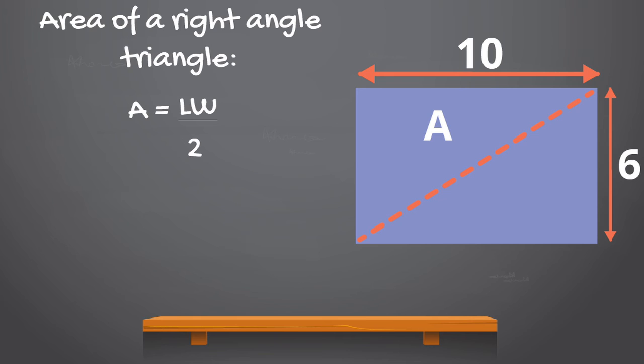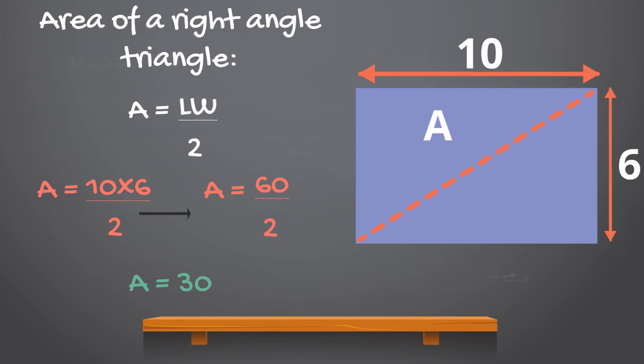Area is equal to length multiplied by width divided by 2. So when we put in the numbers in their correct places, that means that area is equal to 10, the length, multiplied by 6, the width, divided by 2. When we tidy that up, we get area is equal to 60 divided by 2, which means that area is equal to 30.